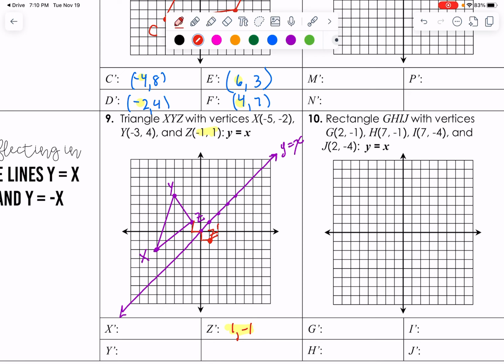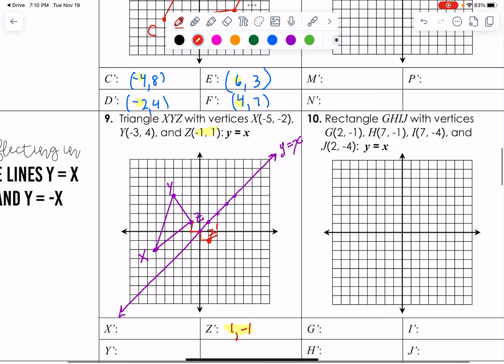Remember that what we're learning in math mostly is about recognizing patterns and applying the same pattern to new situations. So z is down 1, right 2. So then down 1, right 2. Sorry, that's x. Should be x prime.